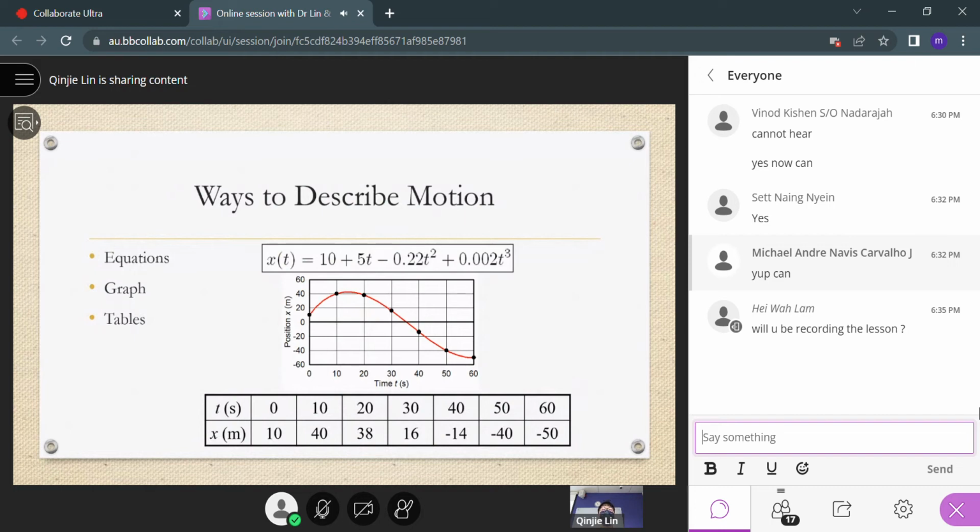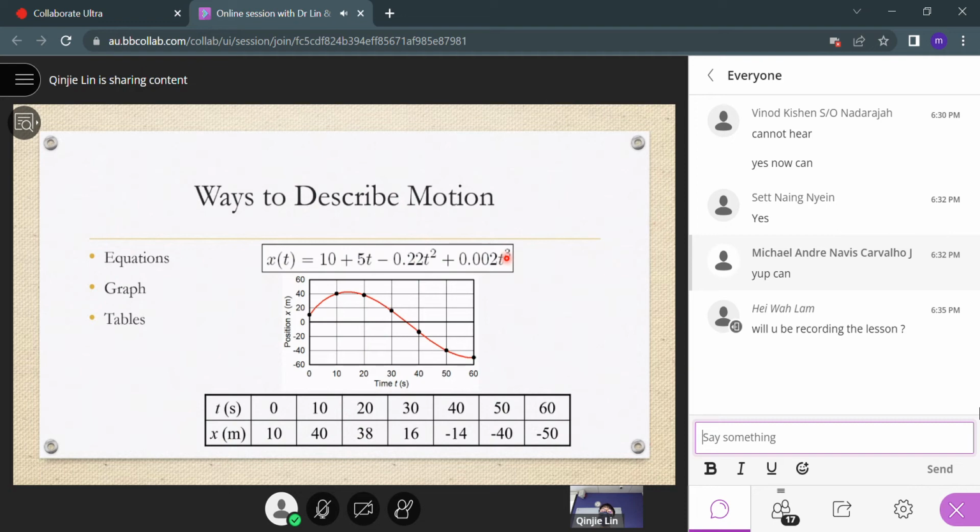There are a few ways to describe motion. These three ways. One is equation. Equation will look like that. This describes the motion. x is the position, then you have an expression here with some t inside. These are just examples to show you that this is an equation. So if you sub any value of t inside here, you will get where the point is.